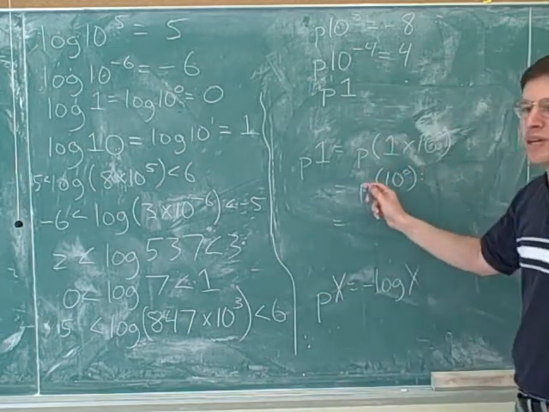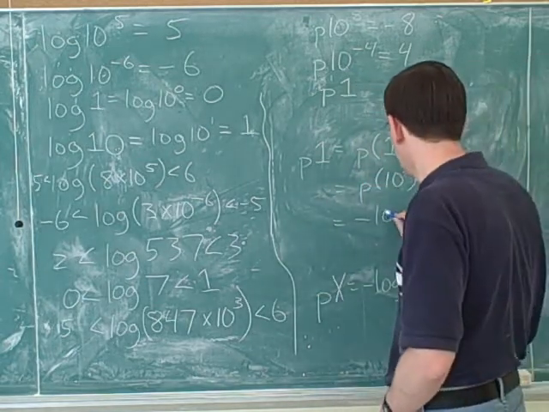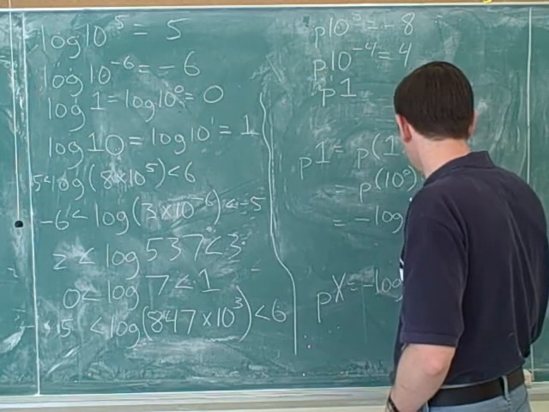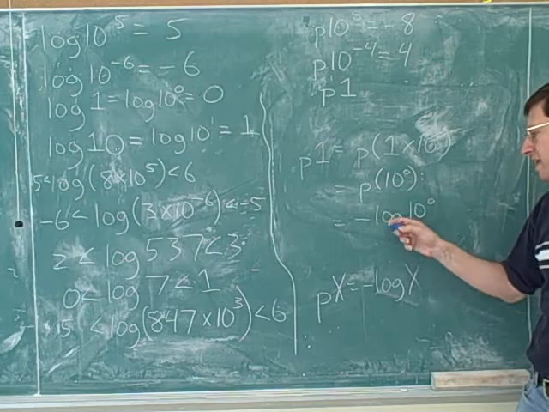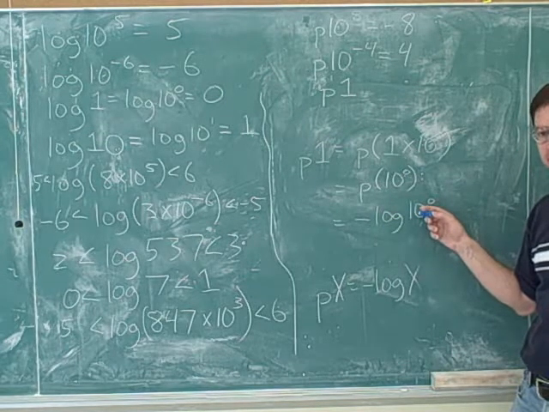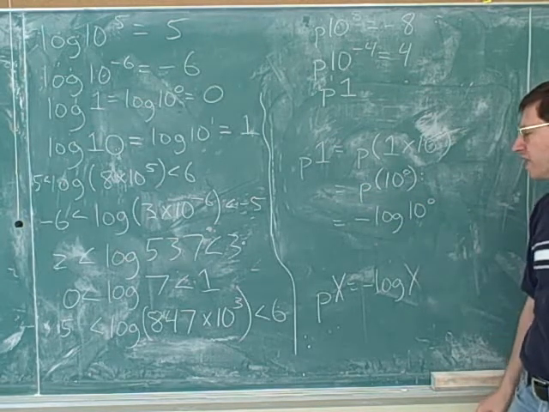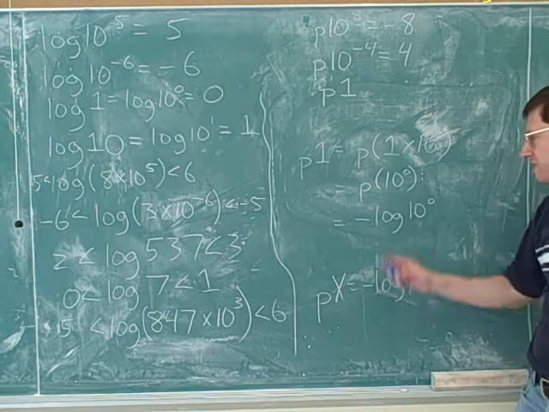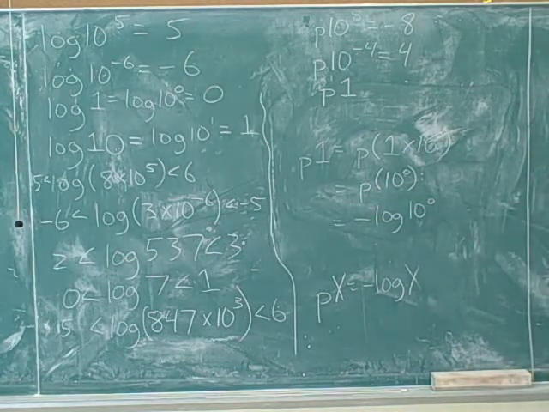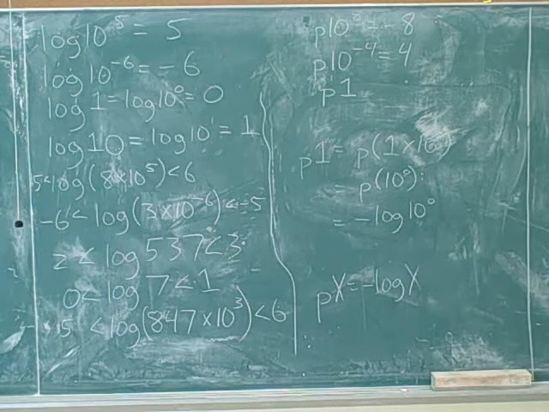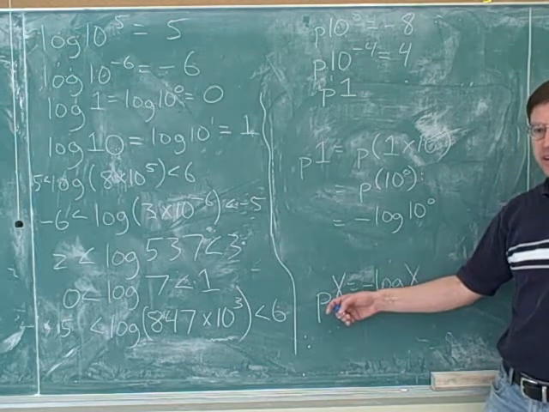What does it mean when we take the p of something? Well, that's the negative log. So the p of 10 to the 0th should be the negative log of 10 to the 0th. When we're getting confused, it's always best to write down every single step. That's just the definition of this p operator that we have down here.